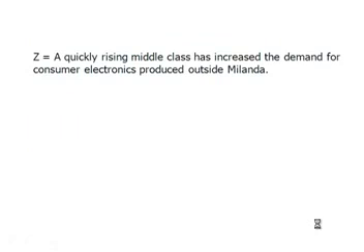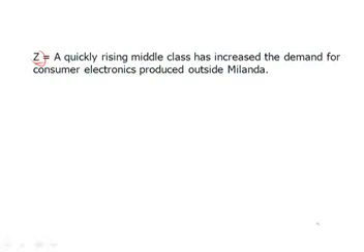What could it be? Well, this is one possibility. A quickly rising middle class has increased the demand for consumer electronics produced outside Malanda. What this means is that people are suddenly buying all these cool laptop computers from outside Malanda, and those computers are part of the imports, and so imports are going up because of that, not because of the drought.